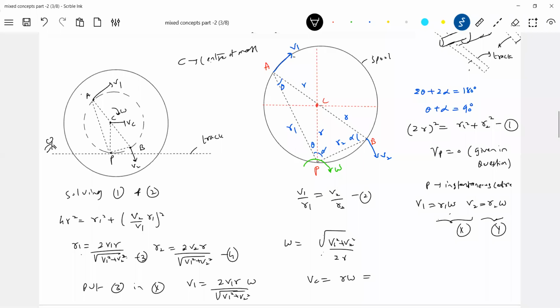I think that's the question that is being asked. So this will be R. We don't know R, no? What is R? R is what we assumed, root of r1 square plus r2 square by 2. And what is omega? Yeah, we ended up.